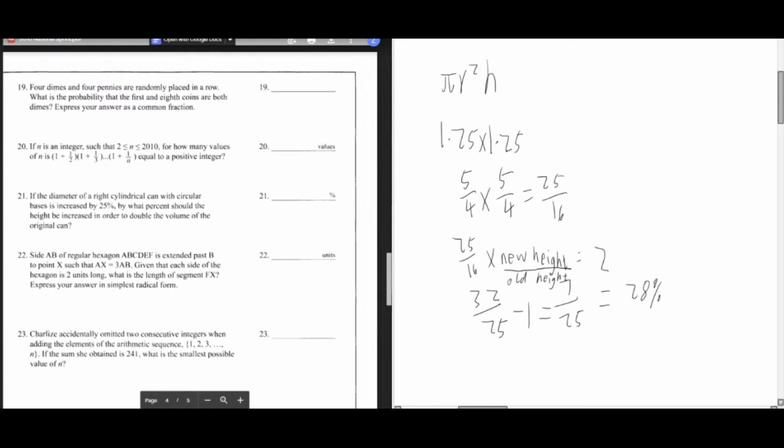Then I show my new radius is going to be 5 fourths times R naught, and my new height I would call H equals X times H naught. Then I put that into the volume formula again, make my volume formula equal to 2 times V, substitute V for all of the R naught and H naught stuff, and then I can show all the R naught squares and H naughts cancel.